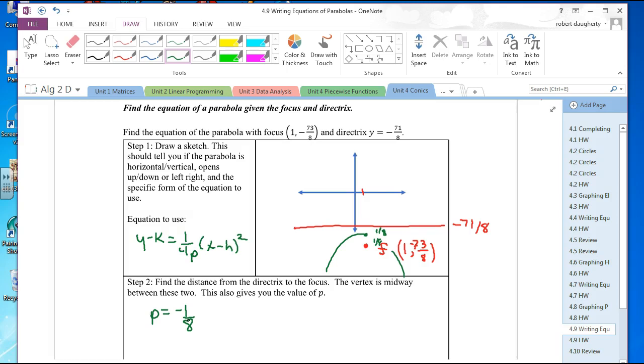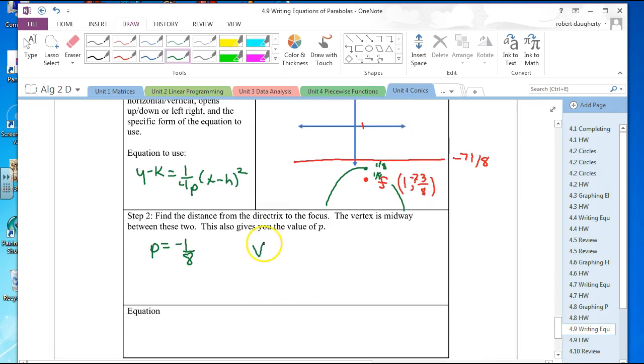I know the focus, and the vertex is 1/8 higher than that.